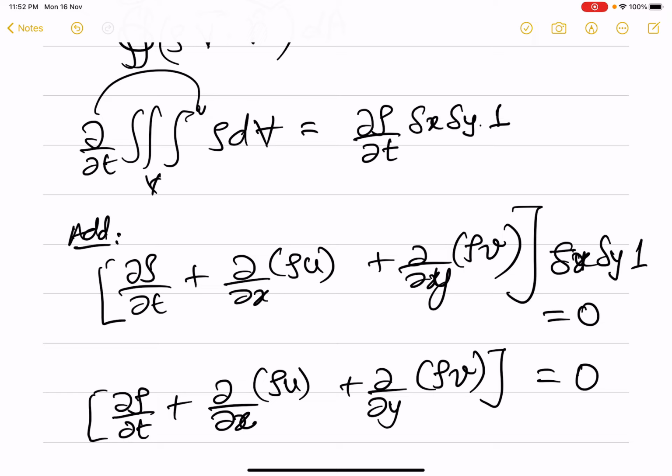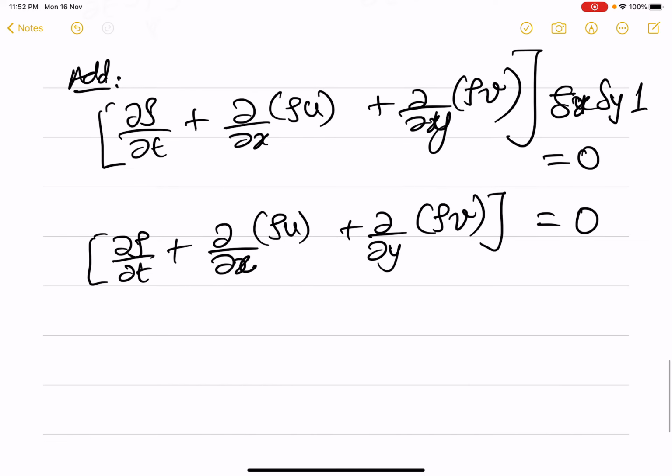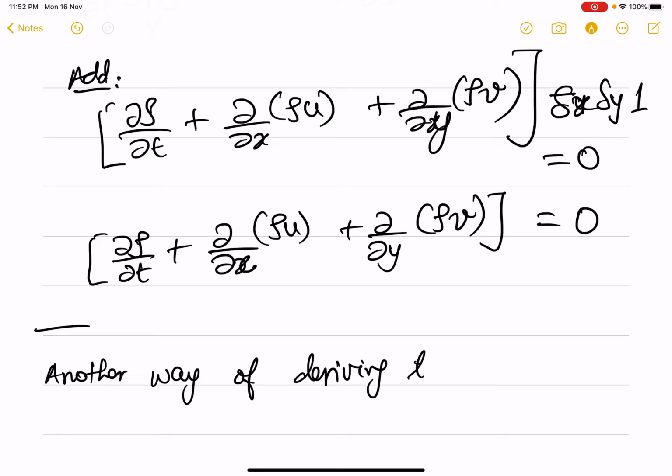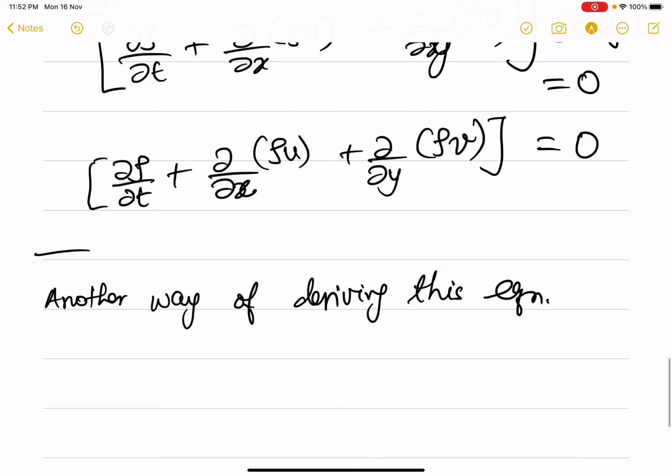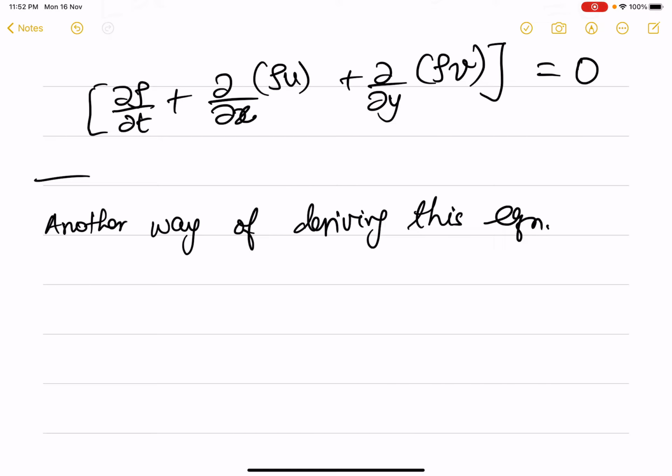Now let's look at another way of deriving this. The first way which we have seen was using a physical approach, and now let's look at this way.